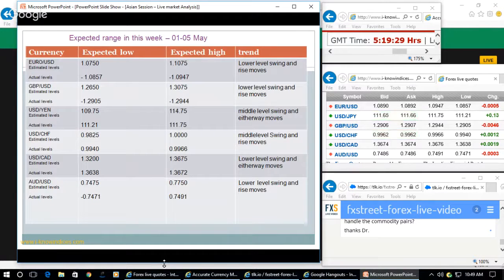Then the range in which the currencies are expected to swing is shown here. These webinars are recorded, and you'll find them on FX Street, where they are listed, and also on YouTube.